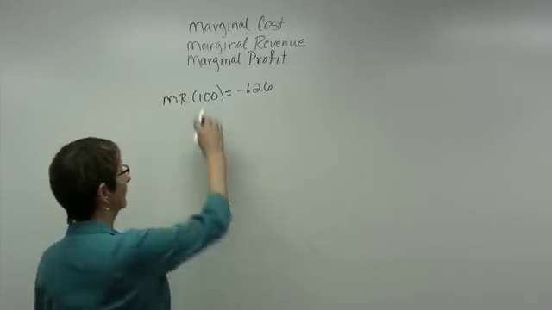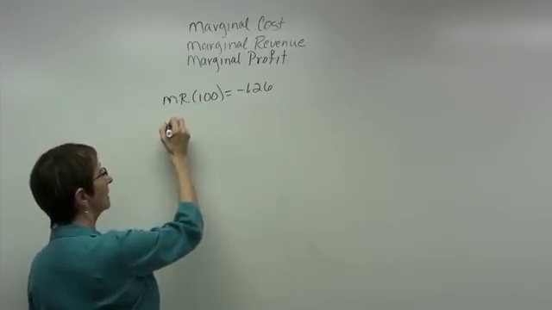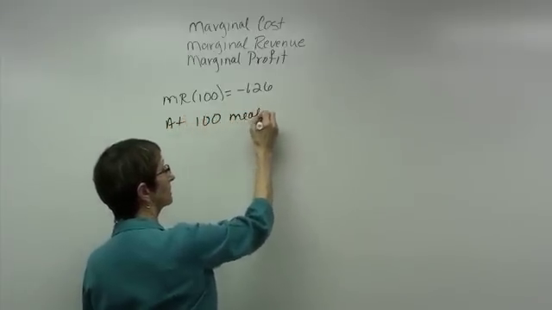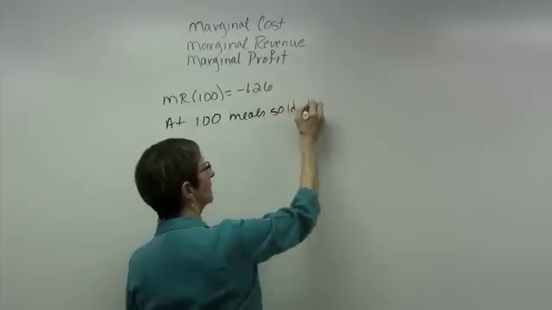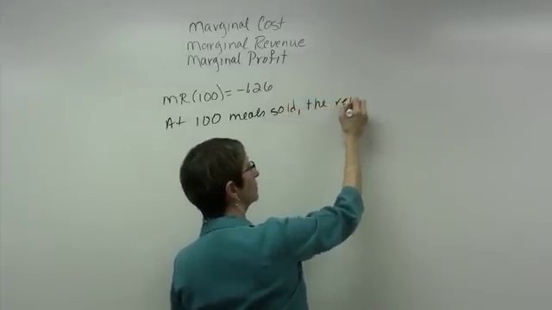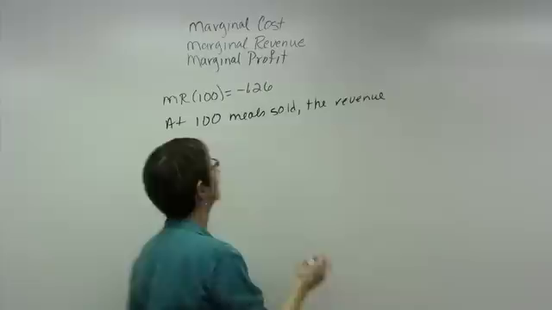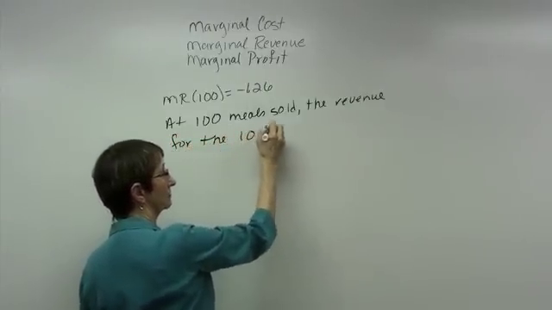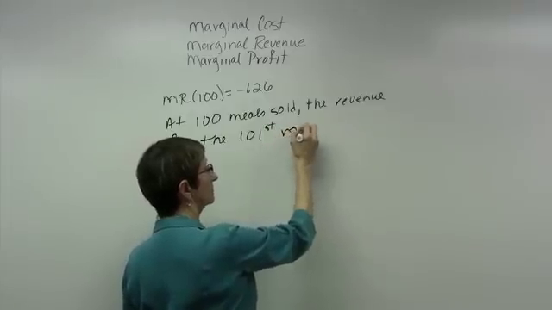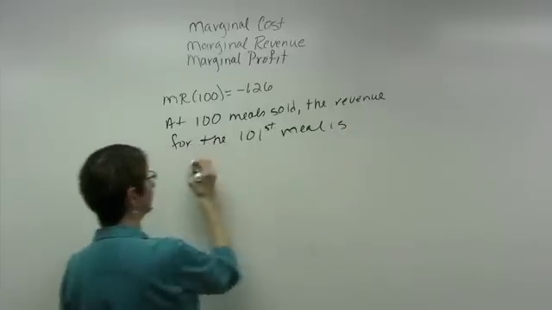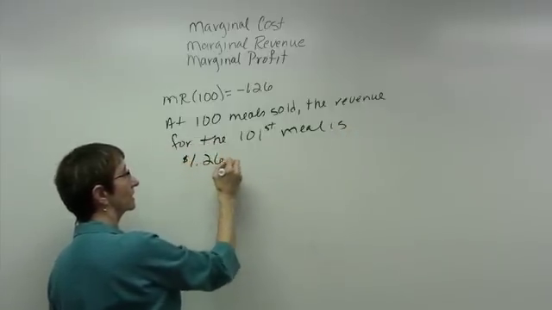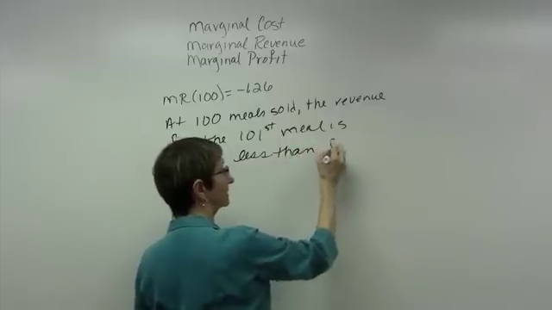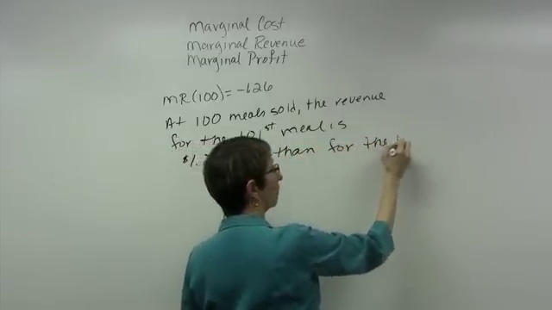Well, from our wording, at 100 meals sold, the revenue for the 101st meal is $1.26 less than for the 100 meals.